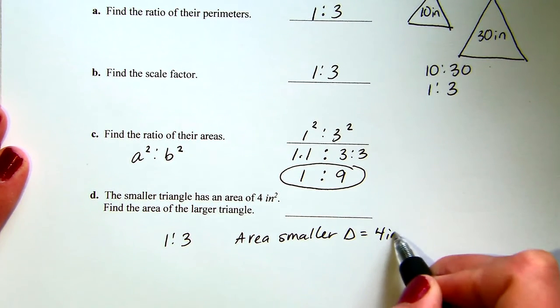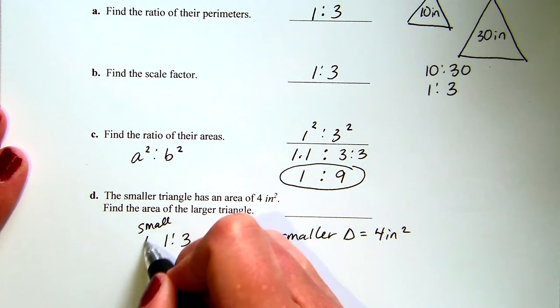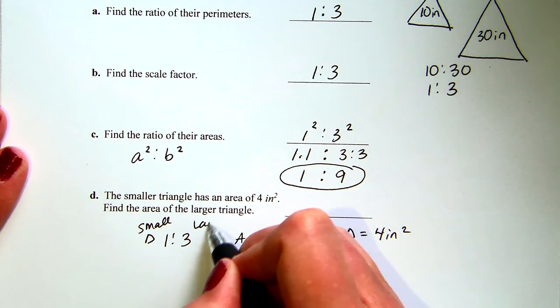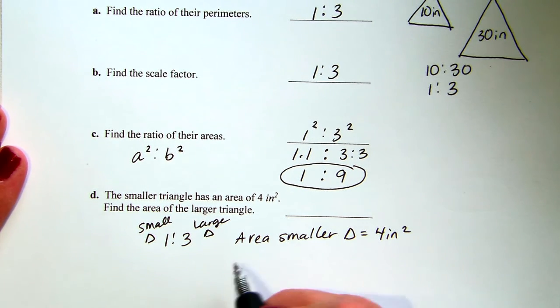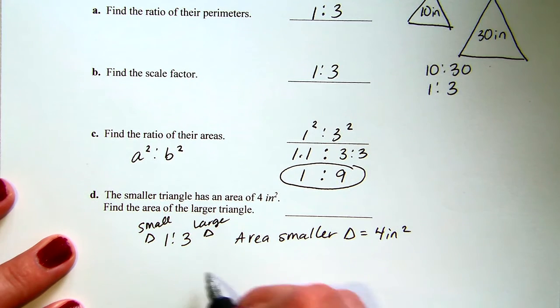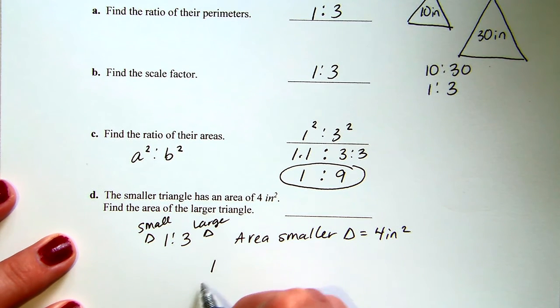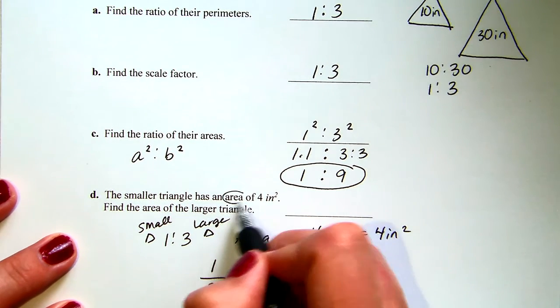So, let's multiply them. Here, we're going to use, once again, a proportion. So we're going to go 1 over 3. Oh, I'm sorry. We need to use the ratio of their areas since we're finding their area. I apologize. So this should actually be 1 to 9.